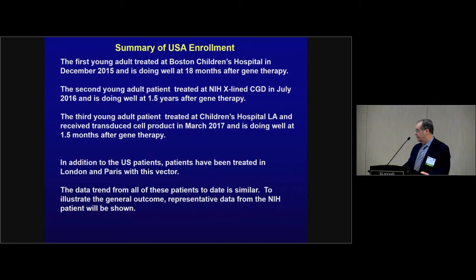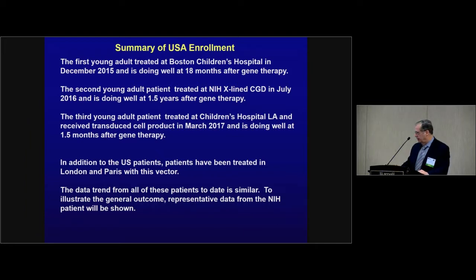The first young adult patient has been treated at Boston Children's Hospital and is doing well at 18 months. We did the second patient in the study in the US; that patient was treated in July 2016 and is now about 9 months out.